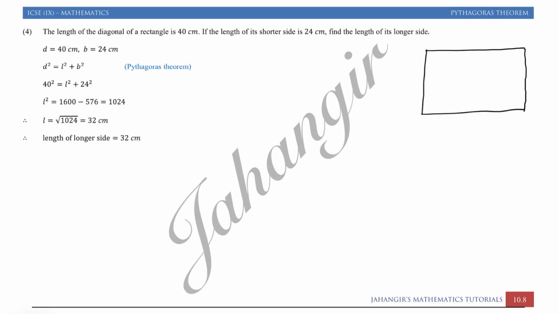We can say length of the shorter side is equal to question mark, breadth is given as 24 centimeter, and I can draw diagonal anyway because diagonal of the rectangles are always equal. You can draw anyway. I can name it as A, B, C, D. This is my right angle. Diagonal is given as 40 centimeter. D is equal to 40 centimeter.